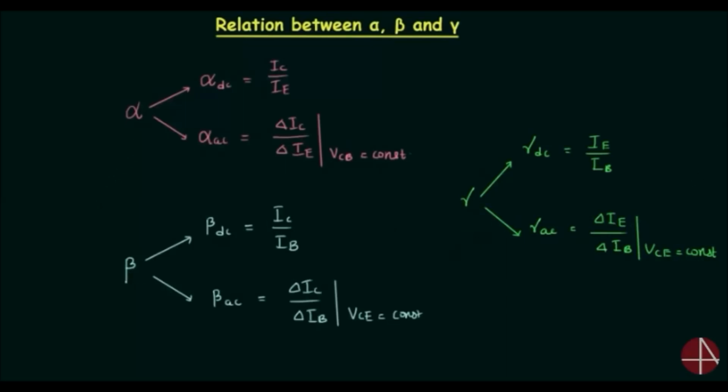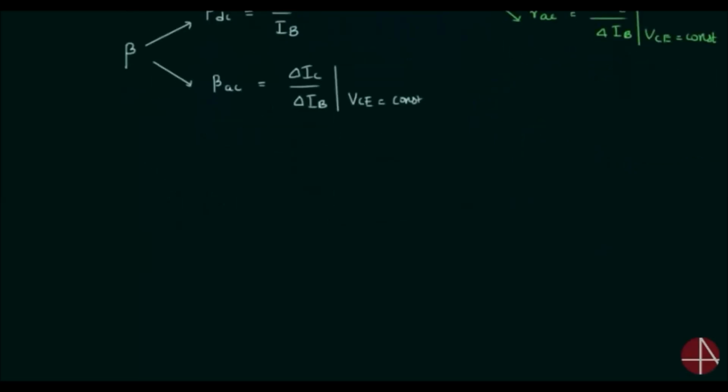So this is all for alpha, beta and gamma, and now we have to derive the relation between the three amplification factors. We already know the emitter current IE is equal to the collector current plus the base current. We can use this to derive the relation between alpha, beta and gamma. I will divide both sides by IB.